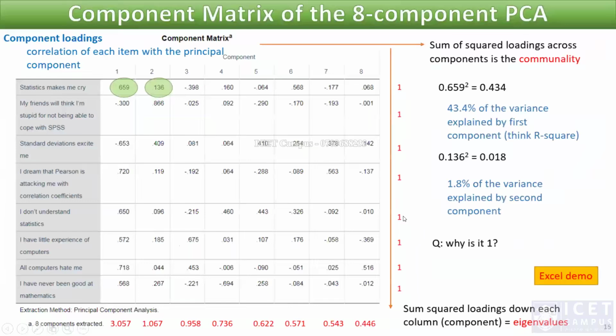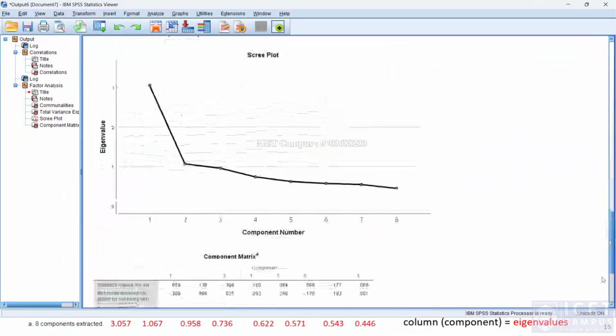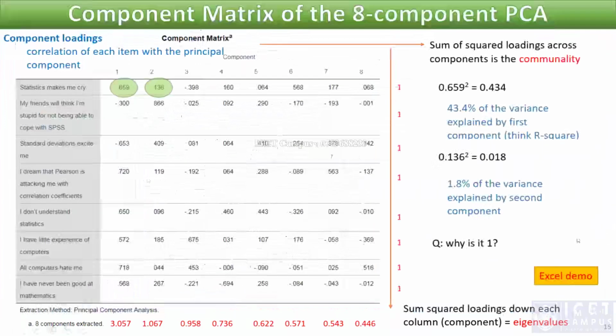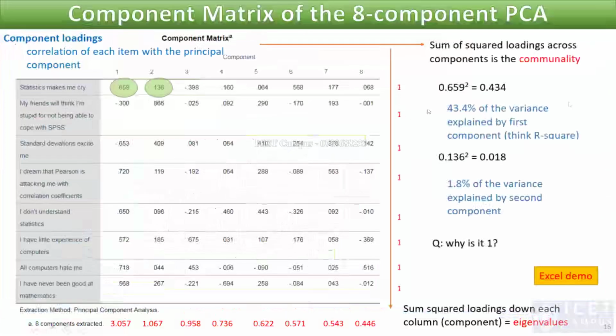First, we can see these component loadings, for example 0.659. This is the component matrix. You can see the component matrix is the correlation of each item with the principal component, right?